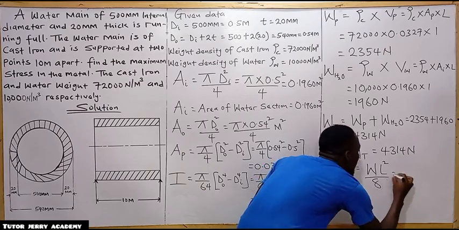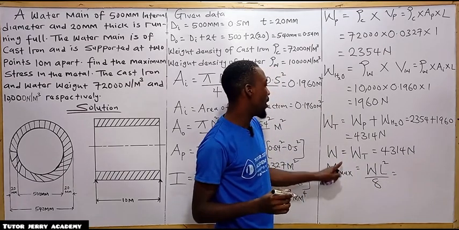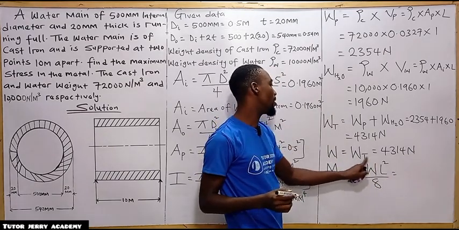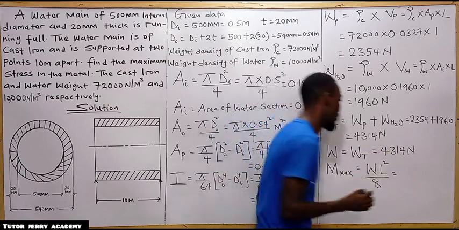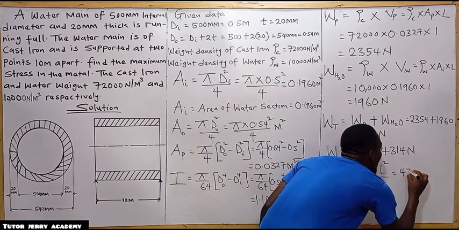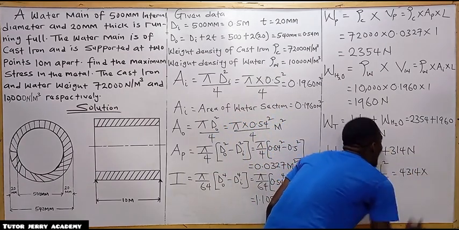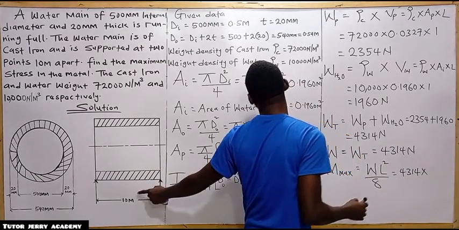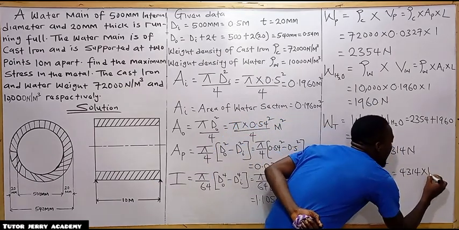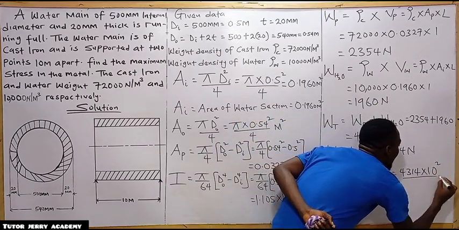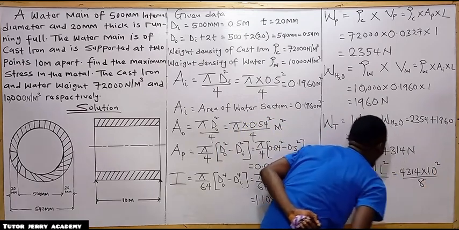So if you substitute now, the W, which is the load, that is the total load or the total weight, anyhow you want to call that, is going to be 4,314 multiplied by the length. The length is 10, right? So we are going to be using 10 squared here, then divided by 8.